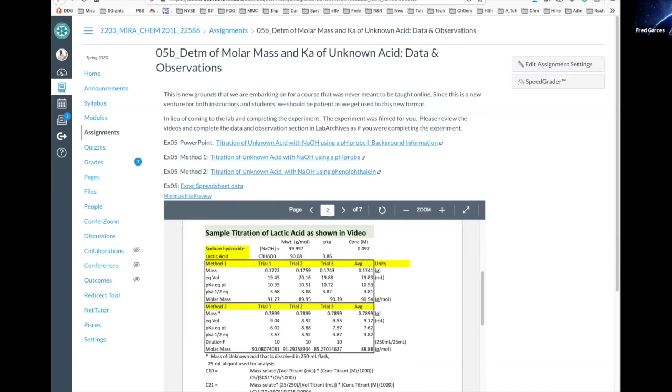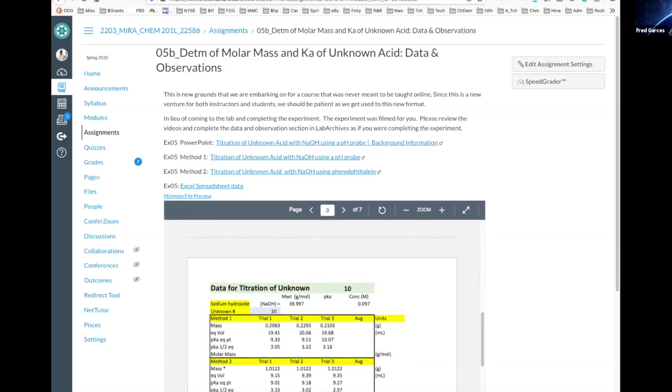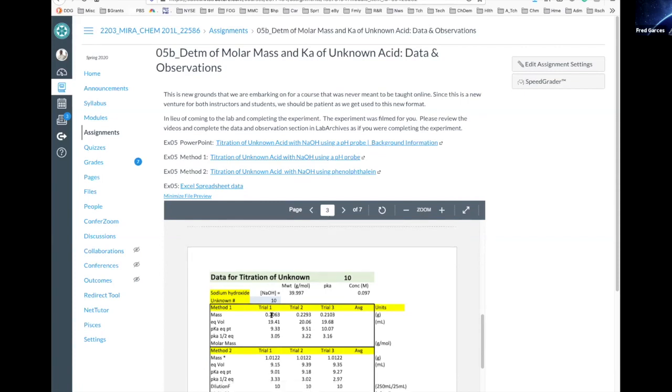And then this is the data depending on what unknown you have. Here you can see that the mass of the three trials are going to be different. The equivalent volume, this should be the pH at the equivalent volume. This is pKa, or the pH at halfway to the equivalent volume. And then you are to calculate the molar mass.